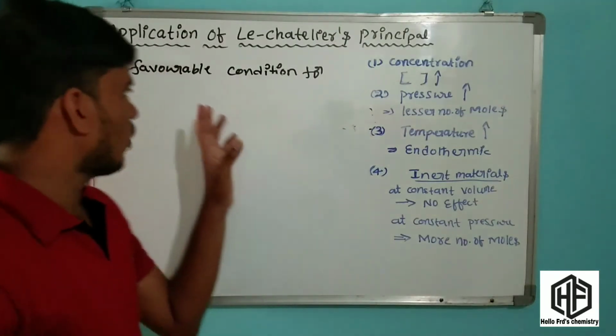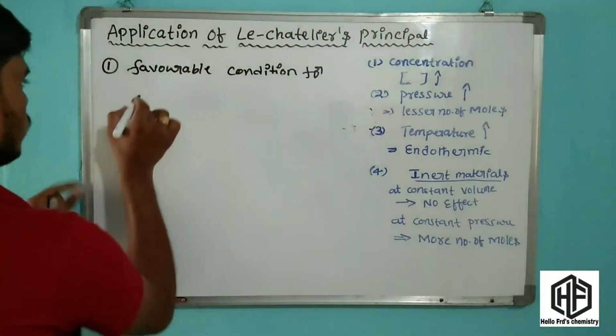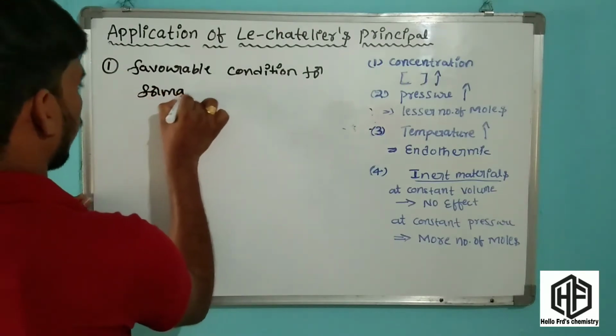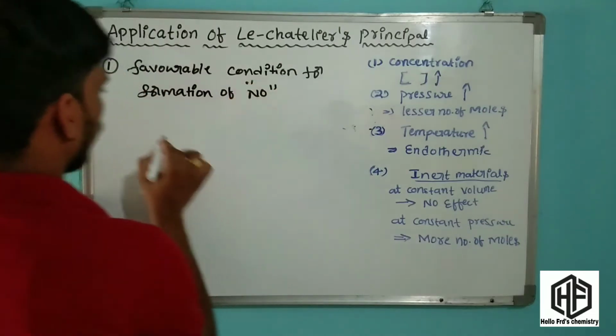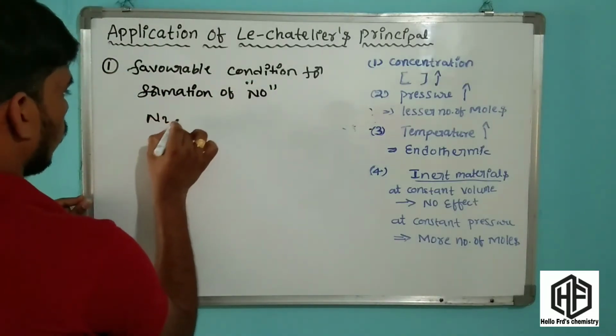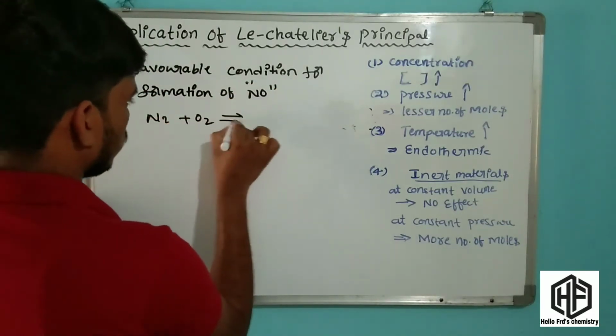Friends, the next question is the favorable condition for the formation of NO. The reaction is N2 plus O2 gives 2NO.